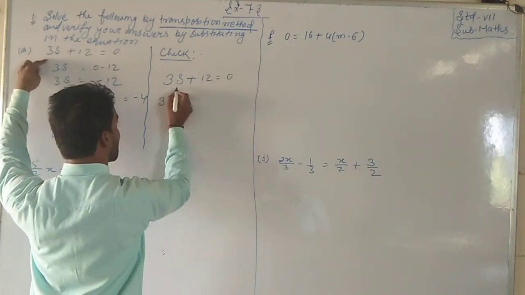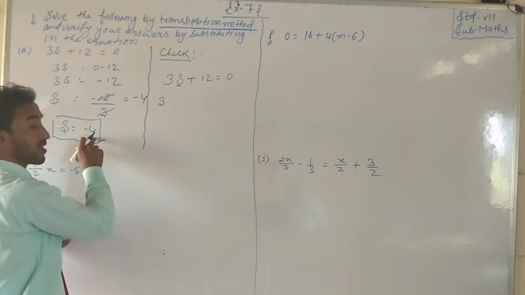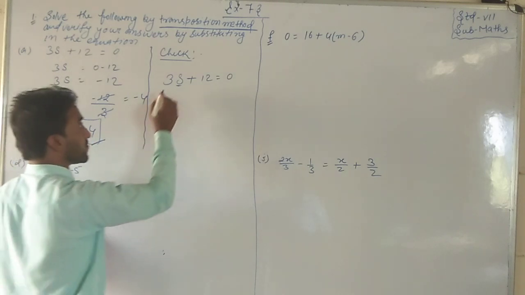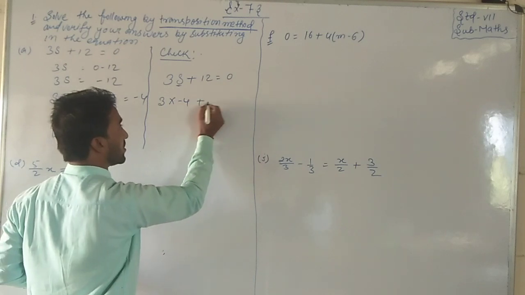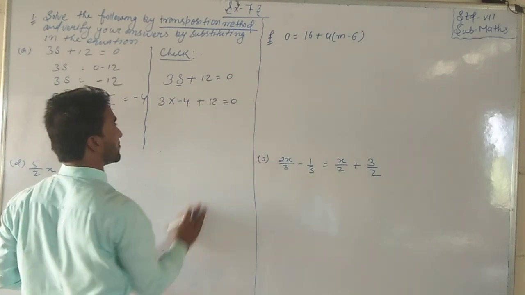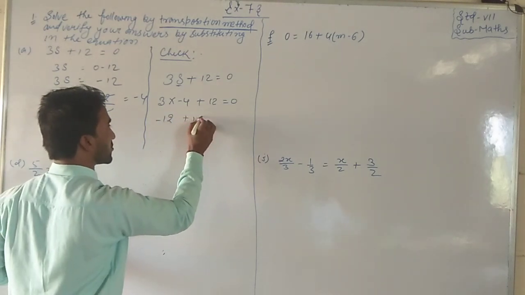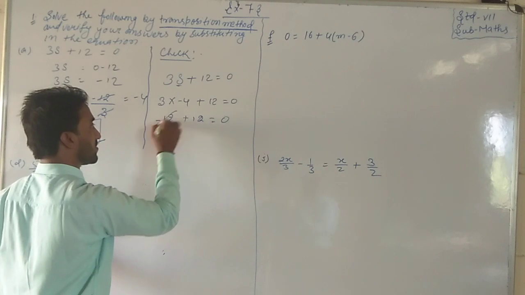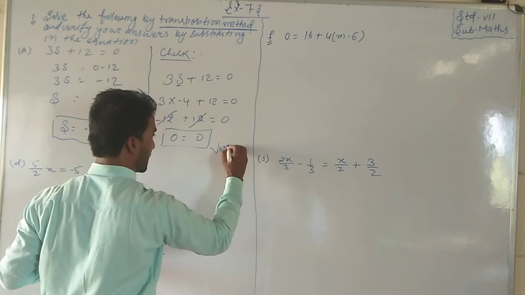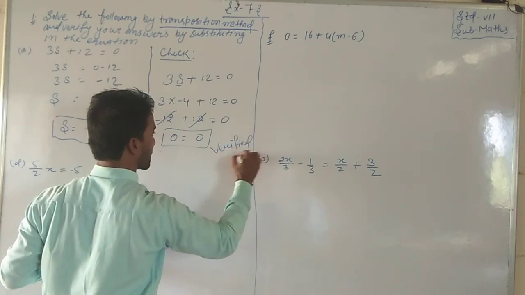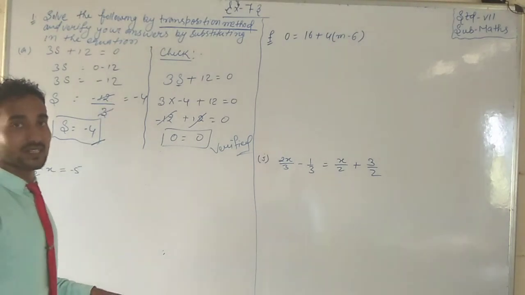At the place of s, we put minus 4, because we calculated s is equal to minus 4. 3s means multiplication, so 3 into minus 4 is minus 12, plus 12 is equal to 0. Minus 12 plus 12 cancel, so 0 is equal to 0. It means the equation is satisfied. It is verified. Are you getting my point?